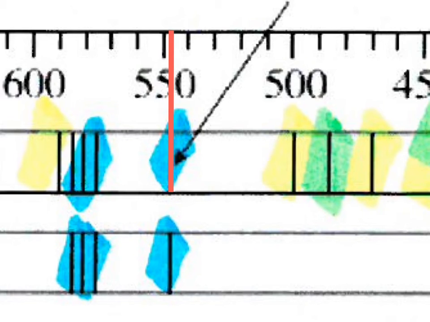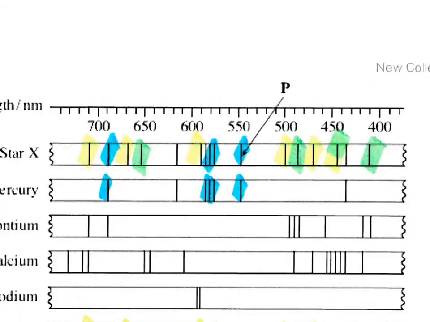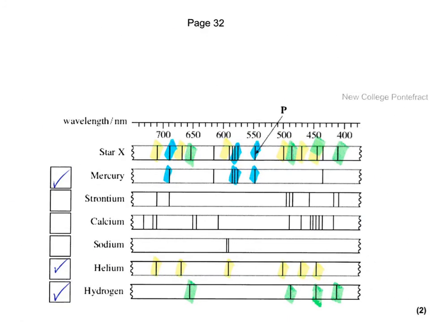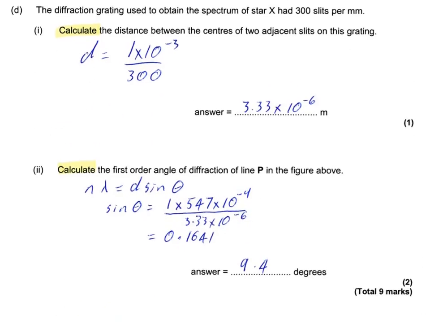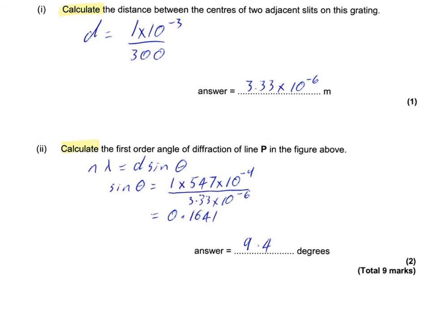So I've got a value there, and I'll put 547 into the equation. So sine theta equals n lambda, 547 times 10 to the minus 9, divided by d, 3.33 times 10 to the minus 6. That gives me sine theta is 0.1641. Put that through the calculator and I've got an angle of 9.4 degrees.